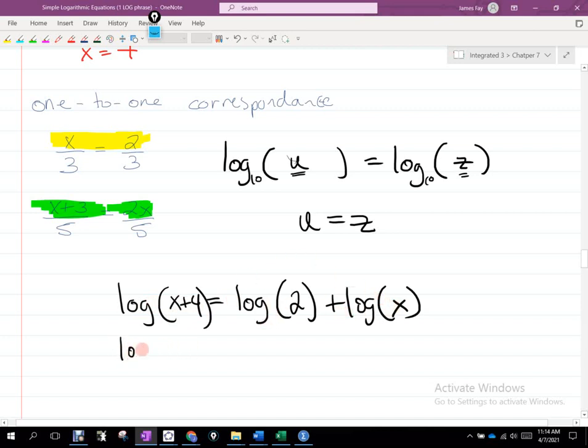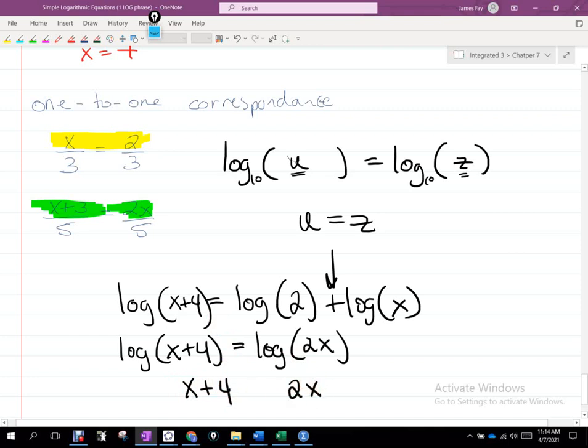You're going to have to go through some preliminary work to take these two, which are stuck together with addition, and turn them into what? Yeah, I can merge those into multiplication now. And now what can I say about x plus 4 and 2x? They're equal. And now I can solve for x. X would be 4 in that case, right? Does this make sense?